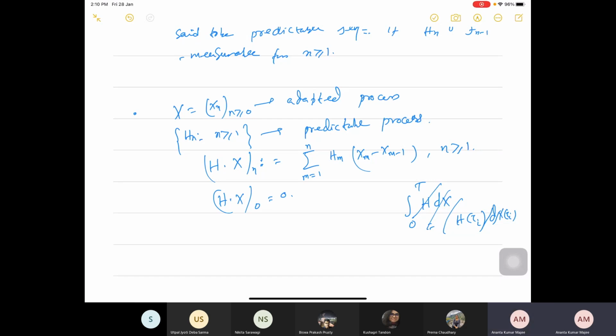So what I'm saying is that if you have x_n, which is a supermartingale, and this h_n, maybe I can write it down as a theorem.